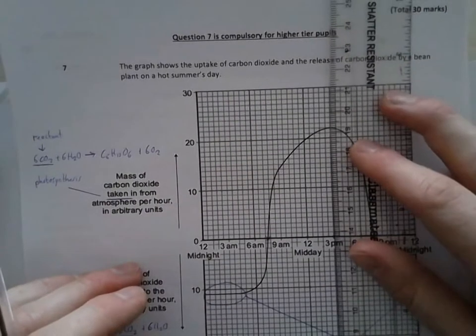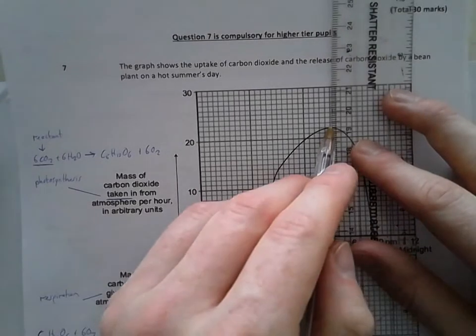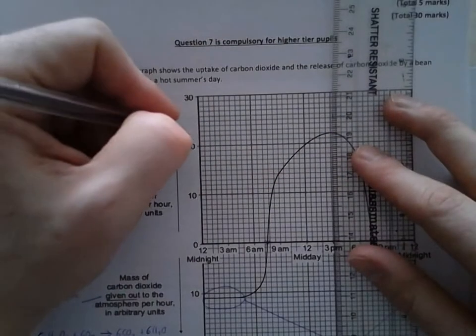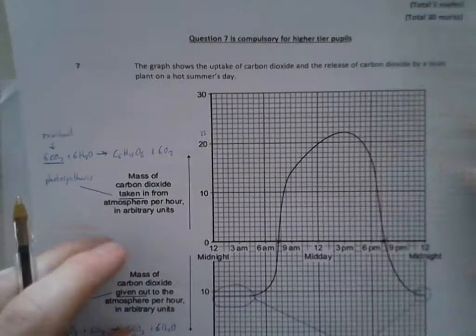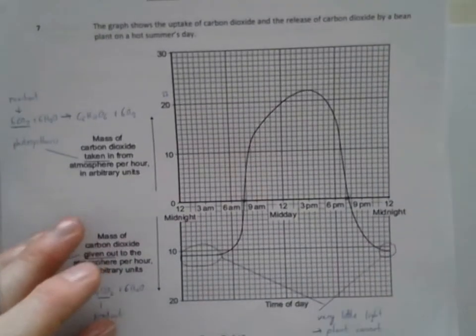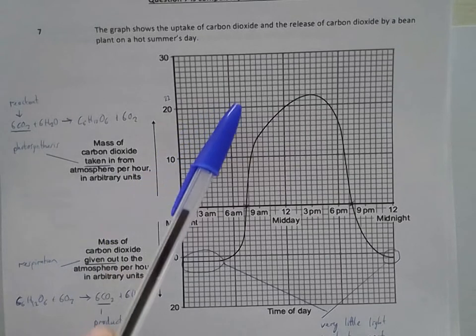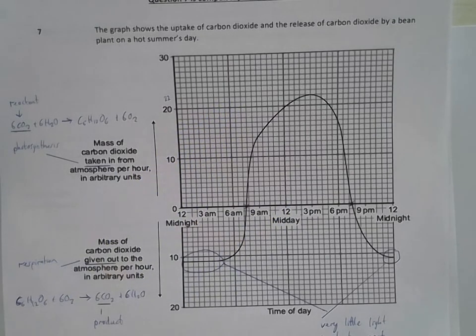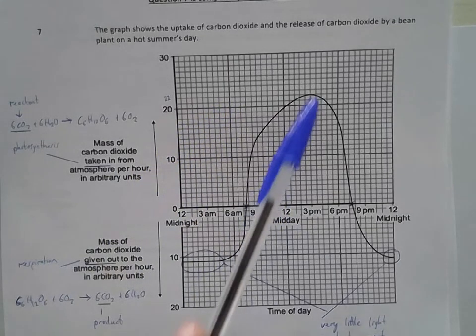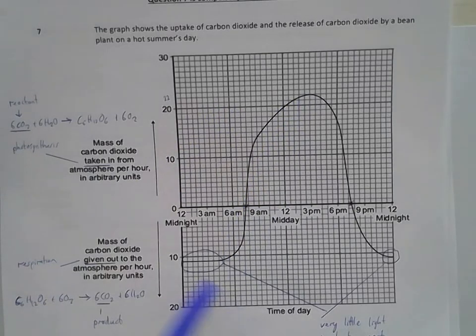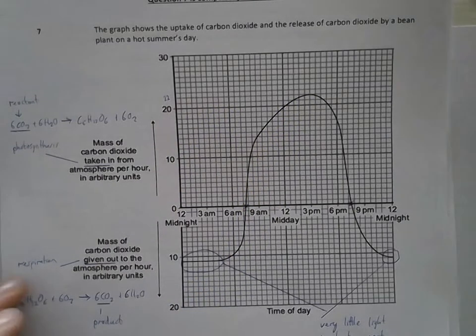And around about there, we've got 22 units of carbon dioxide that are being taken in from the atmosphere. But what we should also keep in mind is that there are also these 11 units from the respiration part.